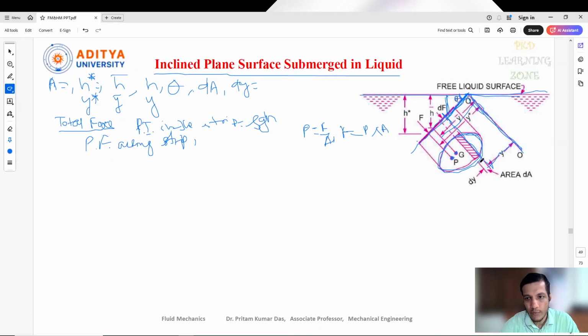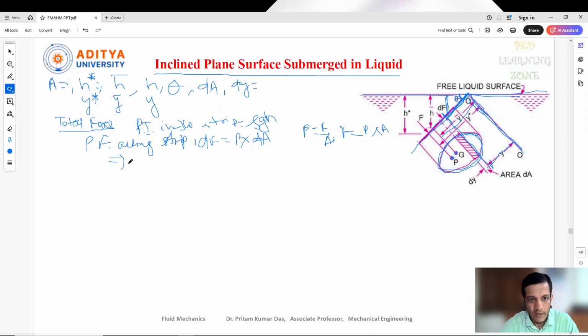When we're talking about a small strip, a small area, we can write the pressure force acting on the small strip as dF, a small force, which is equal to P into dA. Now we'll put the value of pressure here.